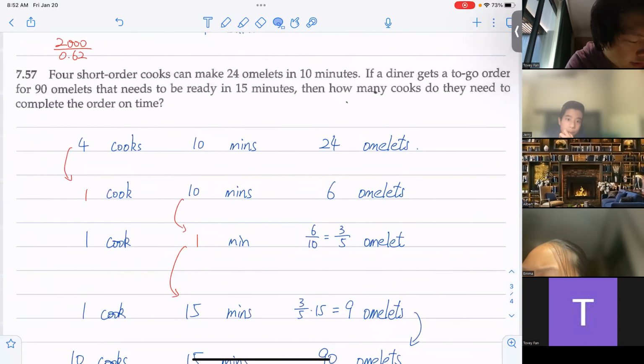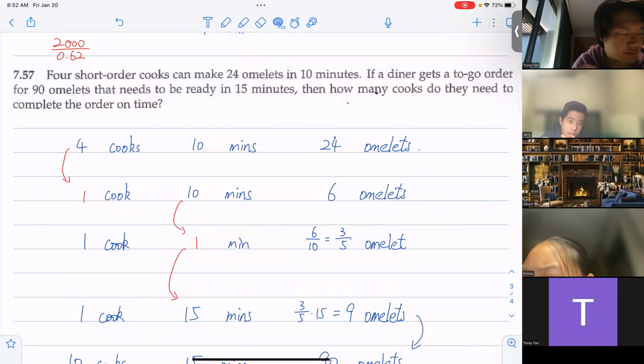In this kind of problems, you will always have some people working on something in some time frame. You always have these three factors: the number of people, the amount of the job, and also the amount of time these many workers take to finish the job.